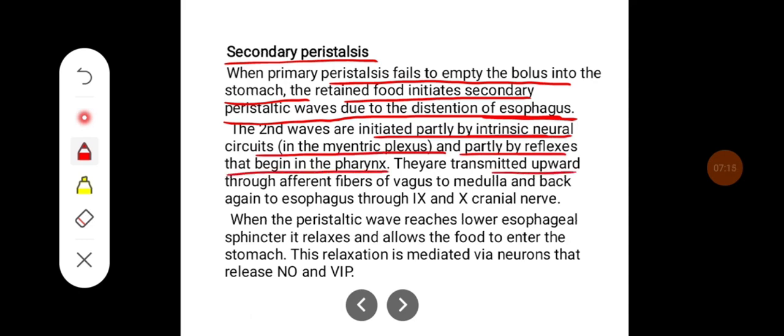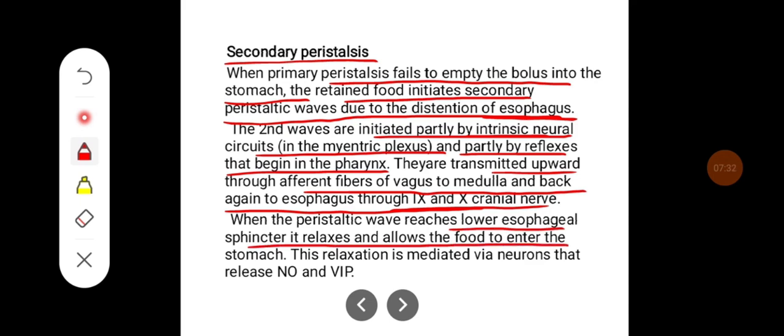They are transmitted upward through afferent fibers of the vagus to the medulla and back again to the esophagus through the 9th and 10th cranial nerves. When the peristaltic wave reaches the lower esophageal sphincter, it relaxes and allows the food to enter the stomach. This relaxation is mediated via neurons that release nitric oxide and VIP.